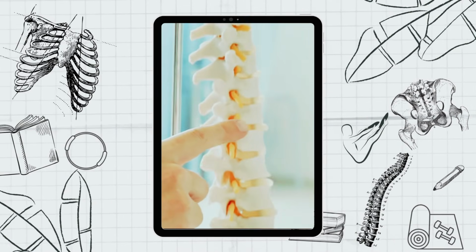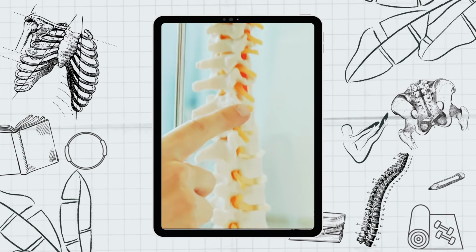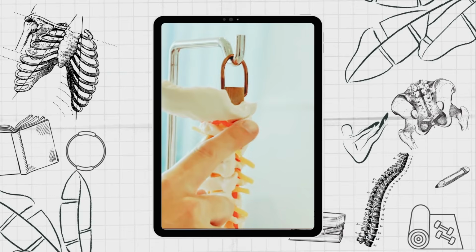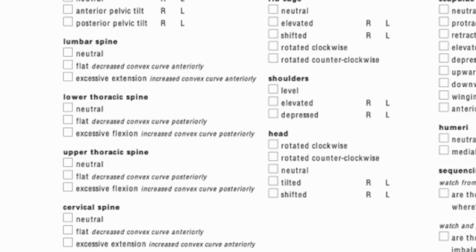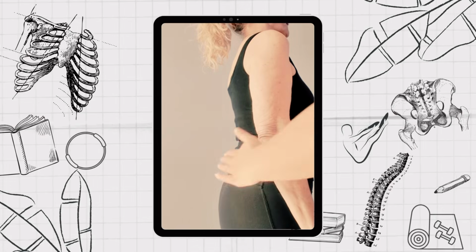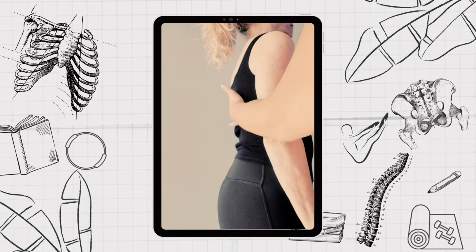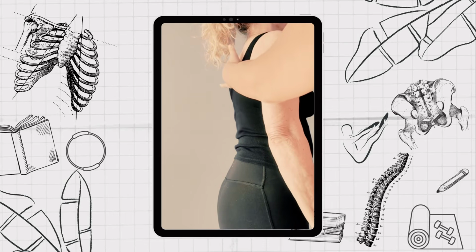We're going to look at and palpate the back of the spine. Starting at the lumbar spine, then the lower thoracic spine, then the upper thoracic spine, and finally the cervical spine.